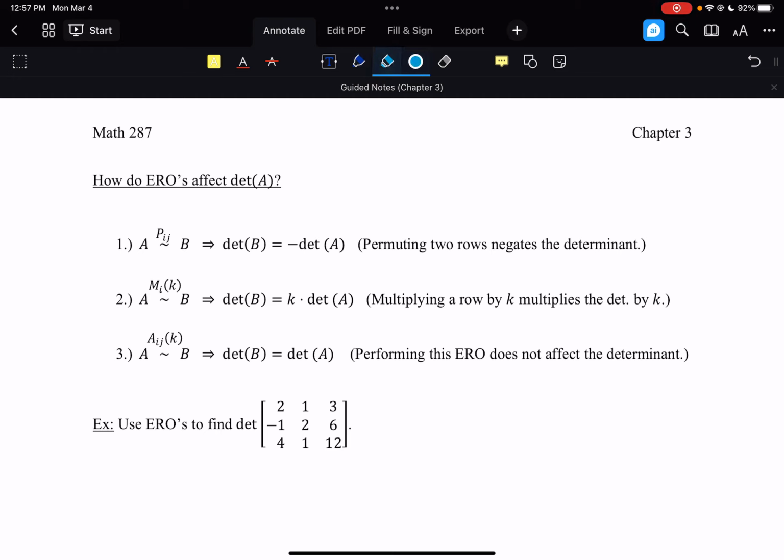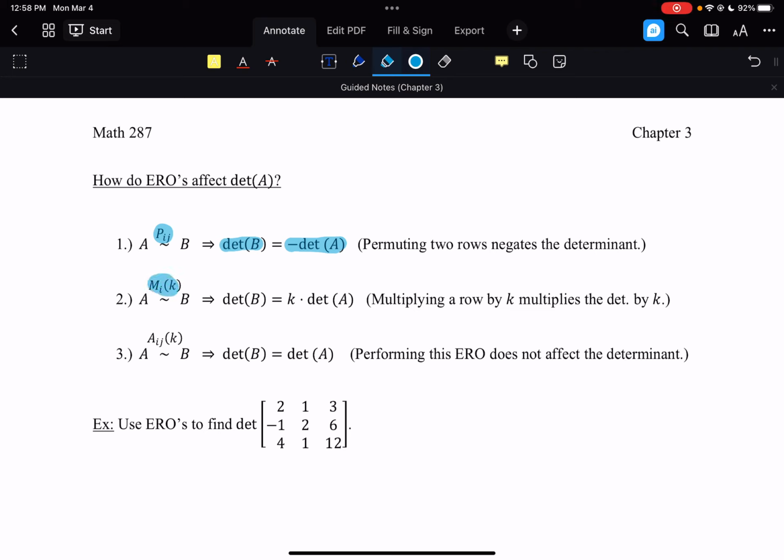So here we have our 3 EROs. If you go from matrix A to B using a permutation, by permuting 2 rows, the determinant of the new matrix B is the opposite of the determinant of the original matrix A. Okay, so permuting 2 rows negates the determinant.